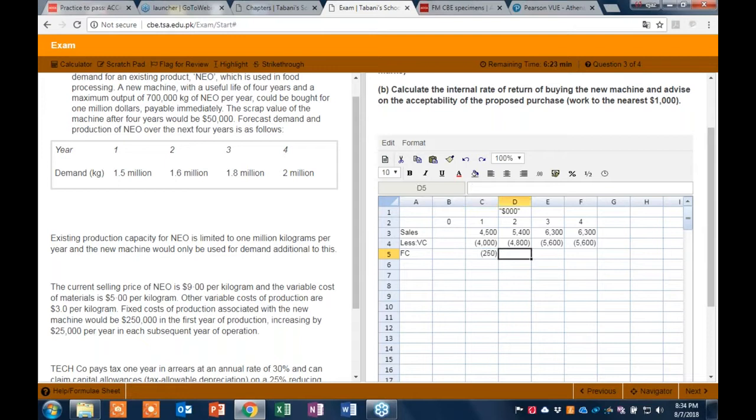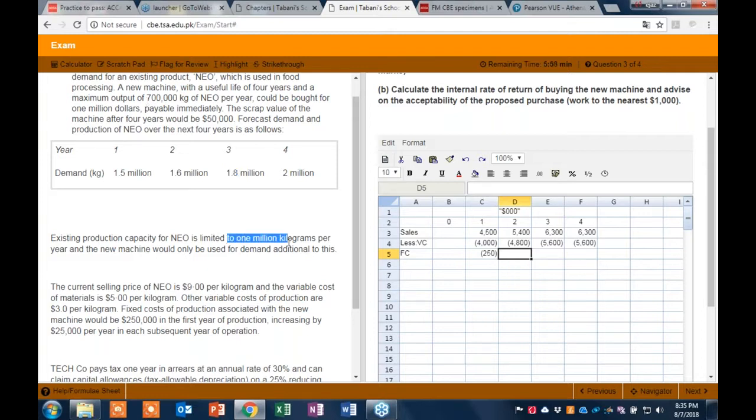Third year sales. Well, the third year sales total demand is 1.8 million, but the capacity of the company is limited to 1.7 million if it goes for this project. So it cannot produce 1.8 million. The total that it can produce will be 1.7 million, of which 1 million is the existing capacity.